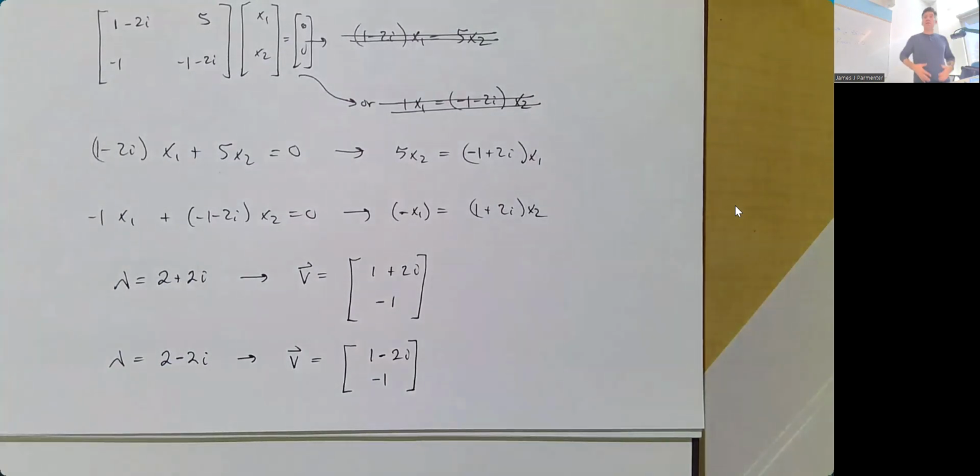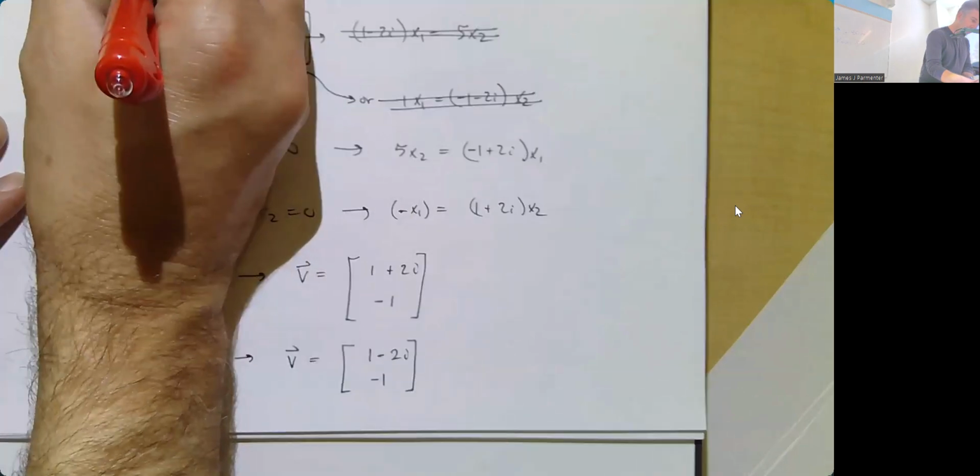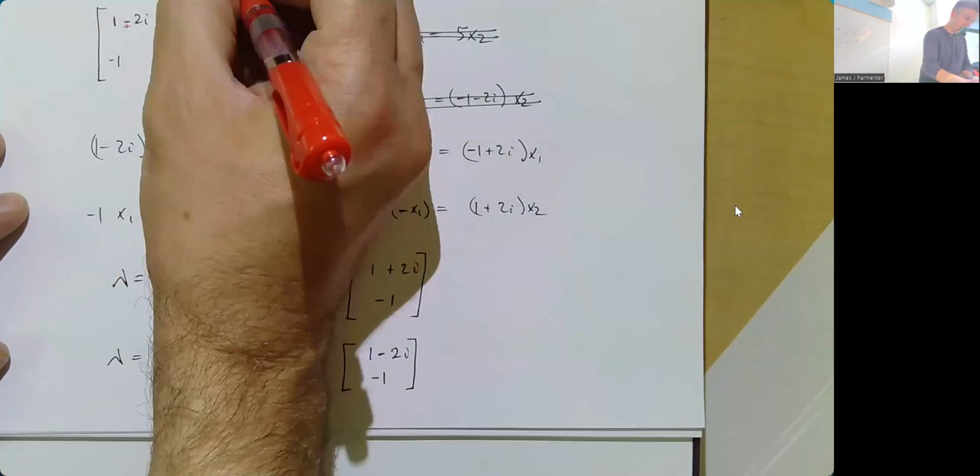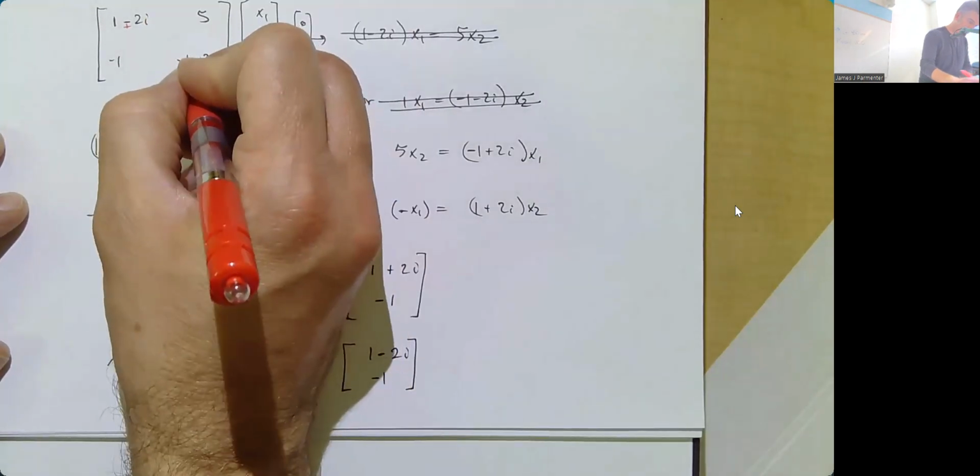And honestly, what you could actually do if you really wanted to is go back through all the work we did and just change every plus sign in front of an i to a minus sign. And if you do that, look what happens. You get a minus here, a plus here, a minus here, a plus here.